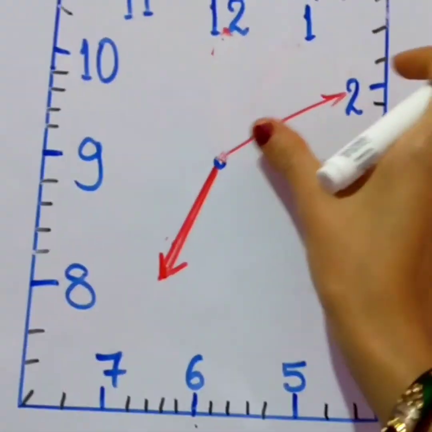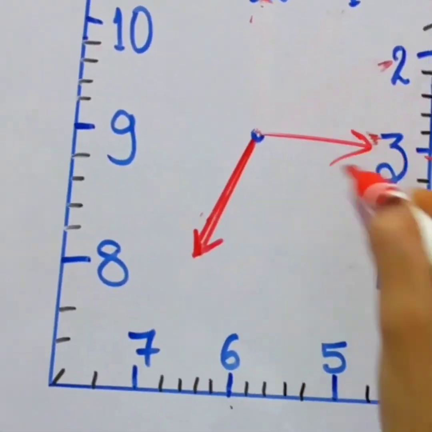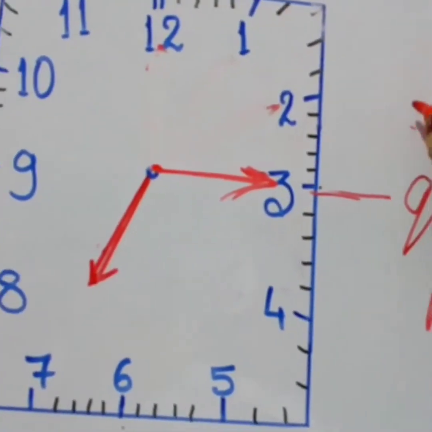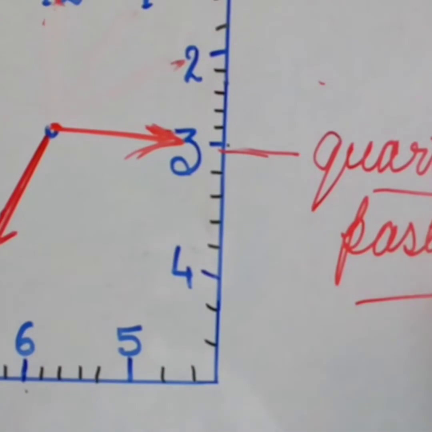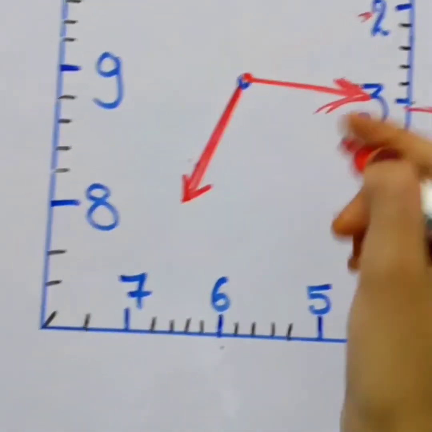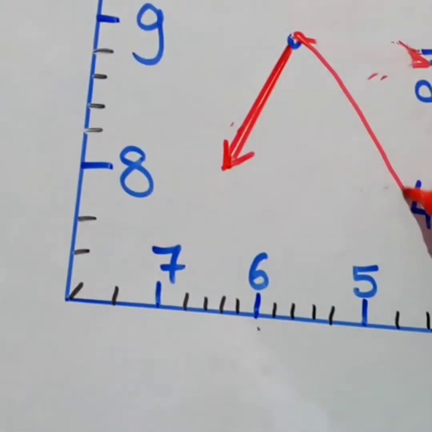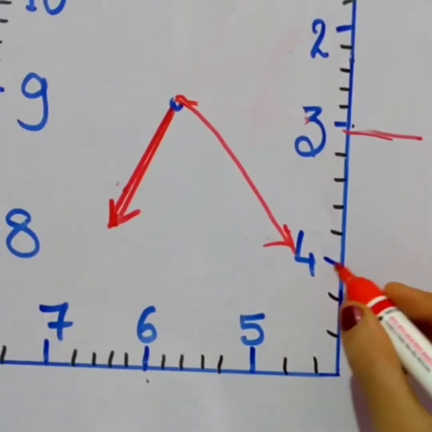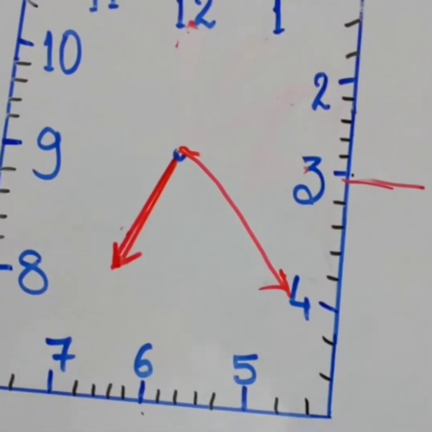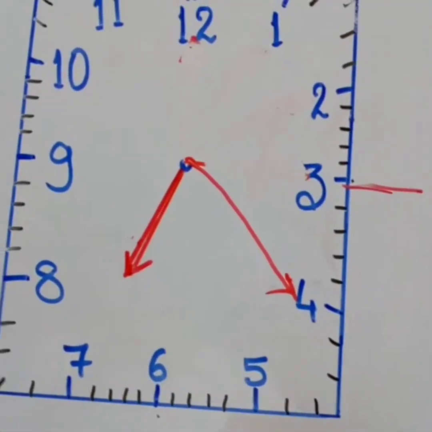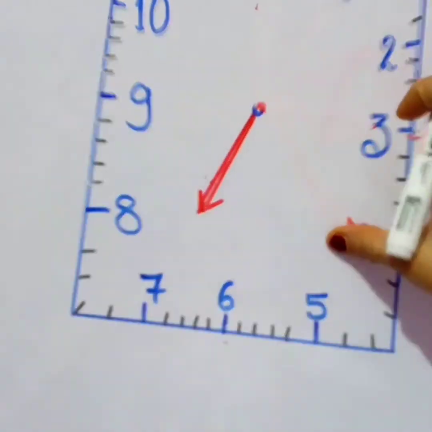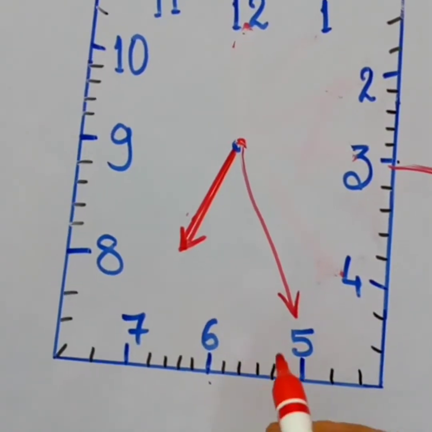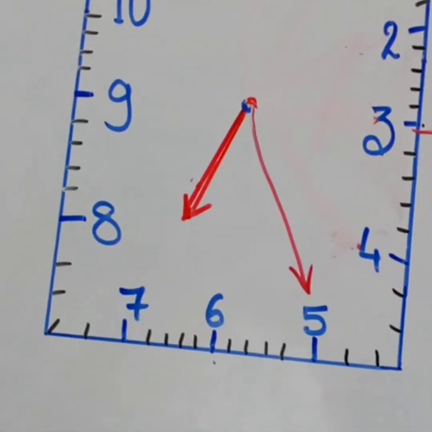And if the hand is on the 3, it is said as 15 past 3 or quarter past 3. If the long hand is on the 4, it is said as 20 past 7. And if the hand moves from 4 to 5, the time is 25 past 7.